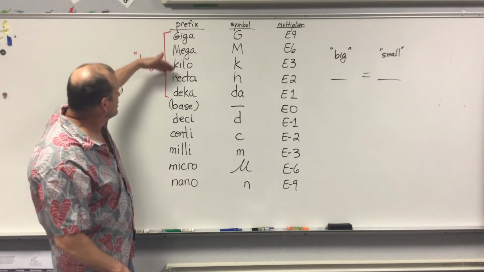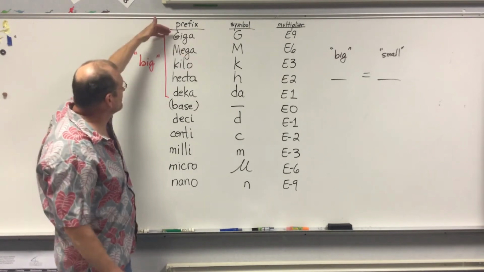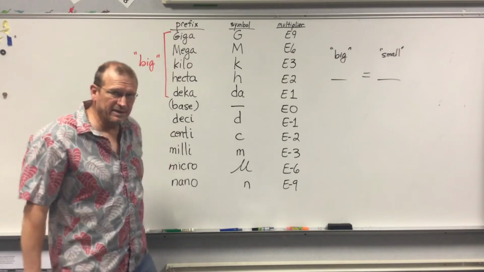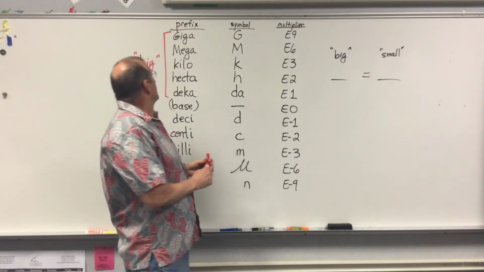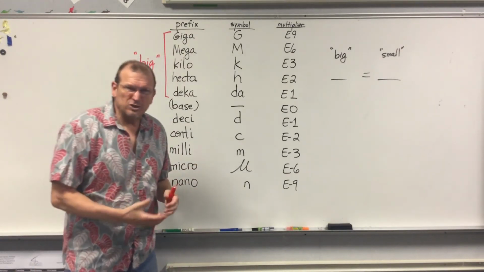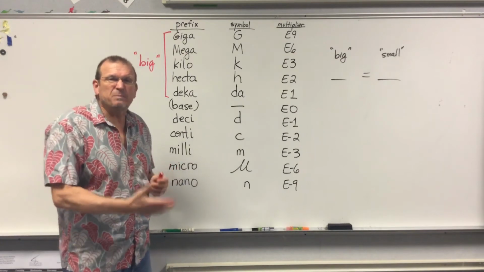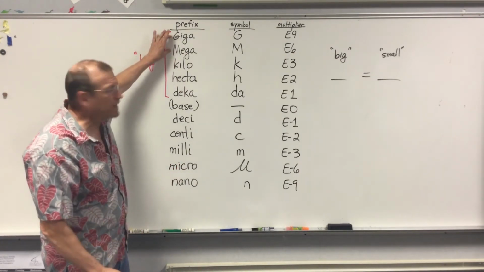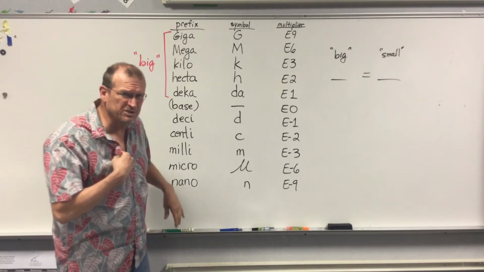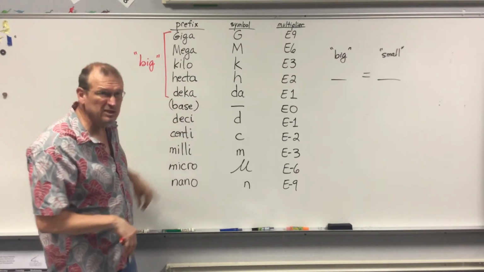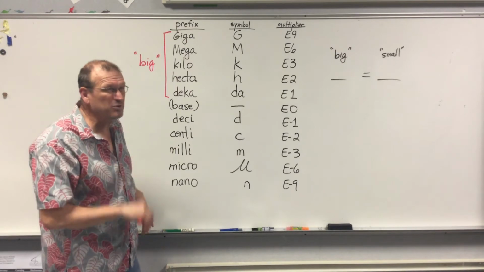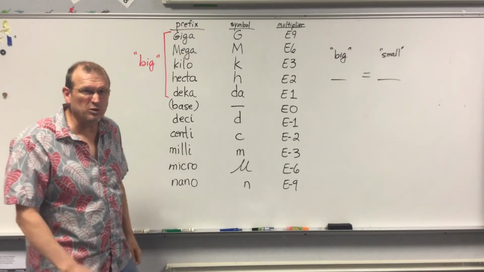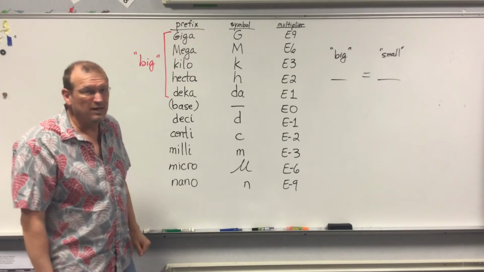And some of these you may be familiar with. If you're into computers, definitely with mega and giga. When it comes to storage and speed of computers, they make use of these quite a bit. I will tell you, just to give away my age a little bit, I was around when computers first started to come in, and everything, in terms of storage and speed, was with kilo.